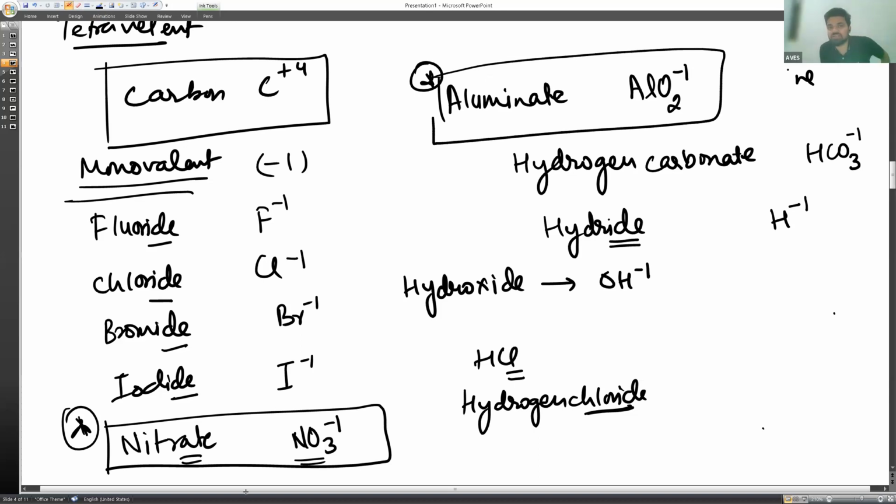Then we have hydrogen carbonate. Hydrogen carbonate is HCO3. You will learn 50% of the chemistry in today's class if you learn to write the chemical formula, because everywhere it will be asked in all the chapters. Have you noted hydrogen carbonate and aluminate?